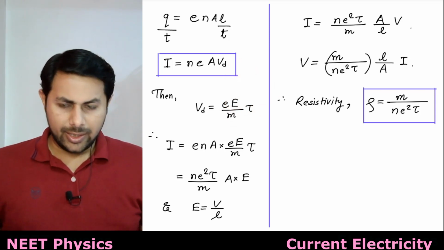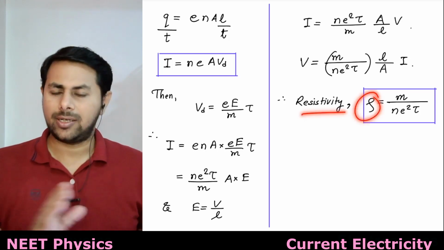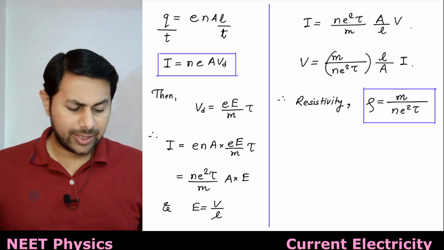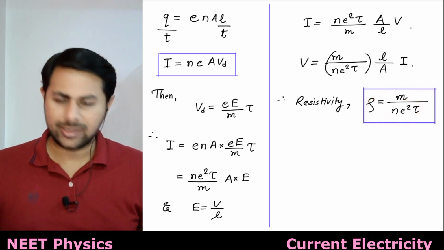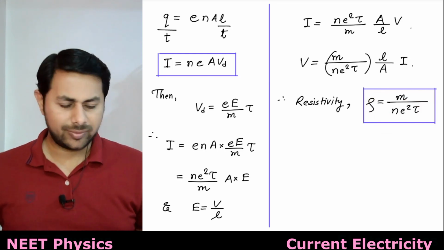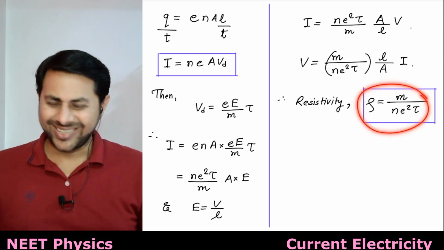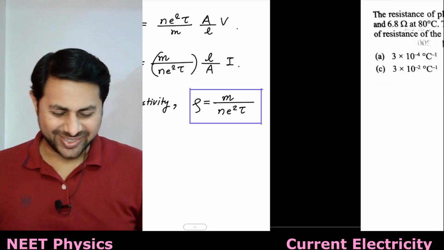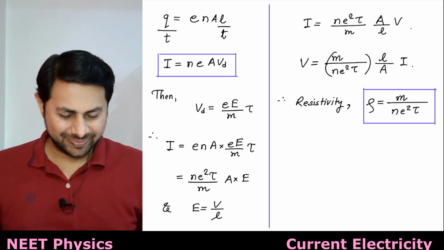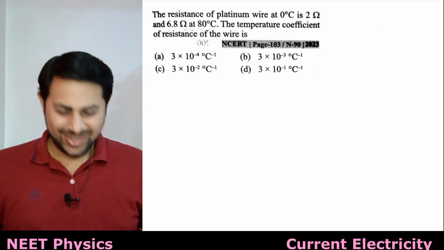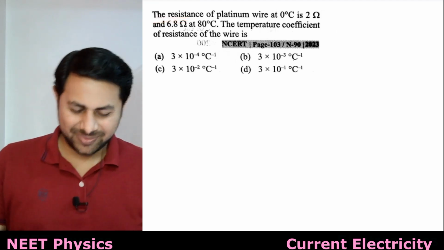Now we get the equation for resistivity, m by ne squared tau, from the microscopic understanding of Ohm's law. Is this clear? Good. We need to remember this, rho is equal to m by ne squared tau. All right, now a lot of equations, so let's see some problems based upon this.